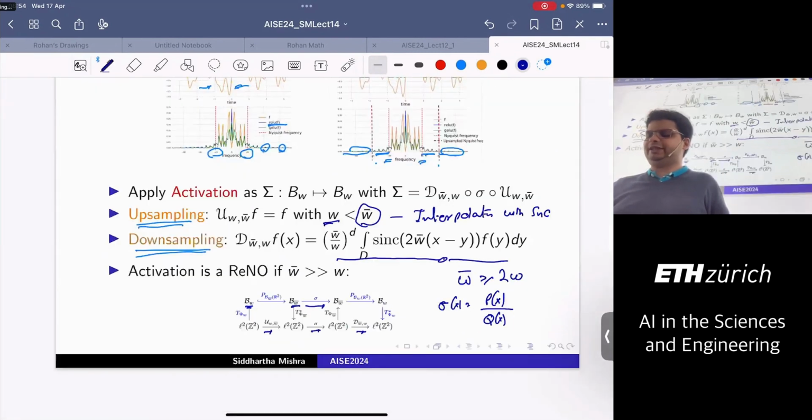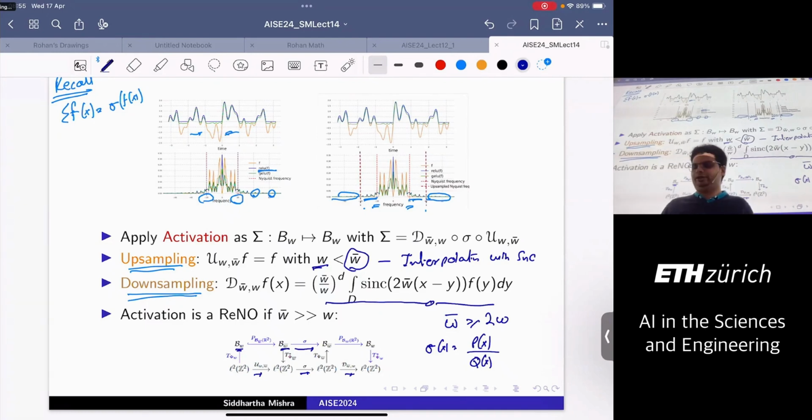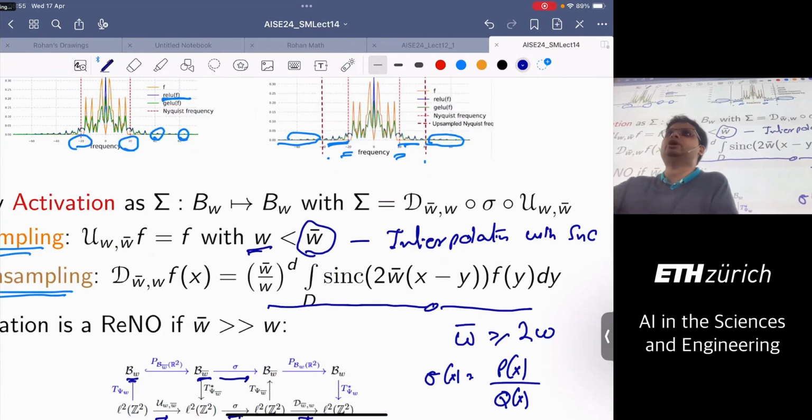But if you take things like ReLU, and Swish, for instance, can be approximated by a biquadratic polynomial, then what happens in that particular case is that if this W bar goes to infinity, of course everything can be approximated by polynomials. But in practice, you cannot go to infinity, right? You have to fix a band. So you will have some error, but as you can imagine, this error will be smaller than it would have been if you did not do this upsampling.